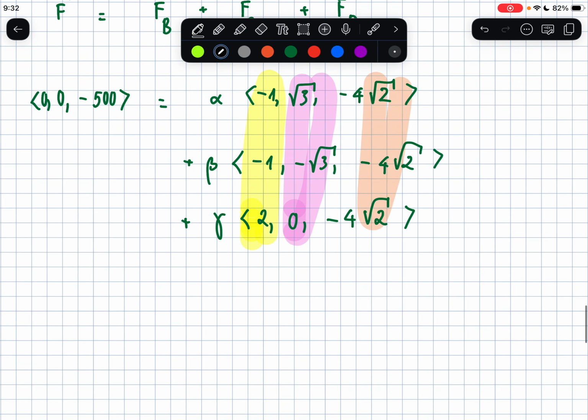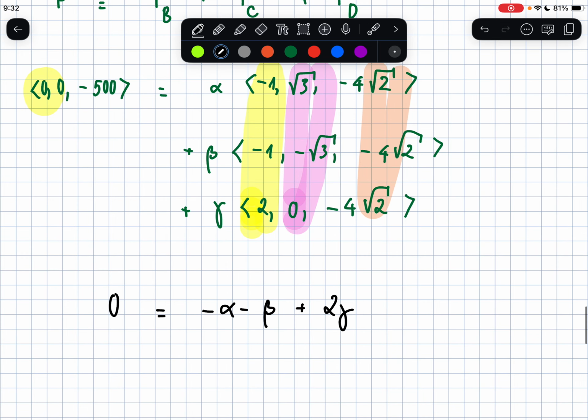So the first component: 0 equals minus alpha minus beta plus 2 times gamma.